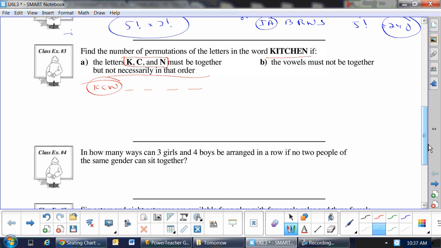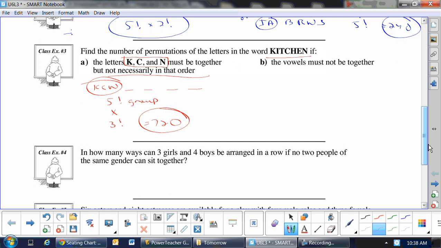So we have 5 groups, right? Times, now KCN can be KNC, can be, so by 3 factorial, right? Which equals 720. So that is very much like the question above. Now, if you're looking at 3 and 4 and you're going, hey, that's the same question, then you're getting it, okay?